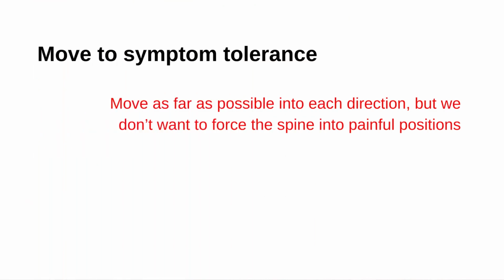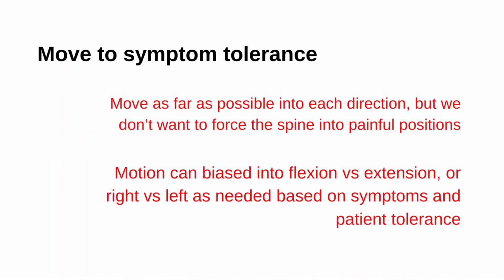It's about trying to restore basic movement tolerance, but it's not a no pain, no gain scenario. Also keep in mind that the motions don't need to be symmetrical. What I mean by this is with our anterior posterior pelvic tilts, the motions may need to be biased initially towards either flexion or extension, or during the lateral pelvic tilts, the motion may need to be biased towards the right or left side.